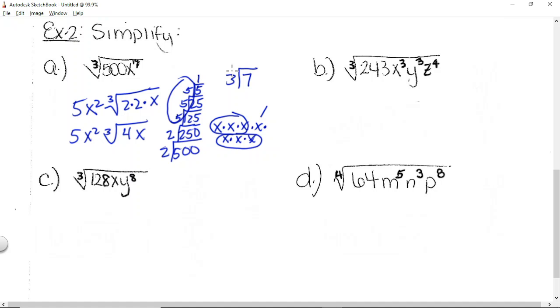So dividing 7 by 3 tells us how many groups of 3 there are. And there's 2. Okay, now we have to see what the remainder is as well, right? So 2 times 3 is 6. Subtracting, you get 1, and that's your remainder.